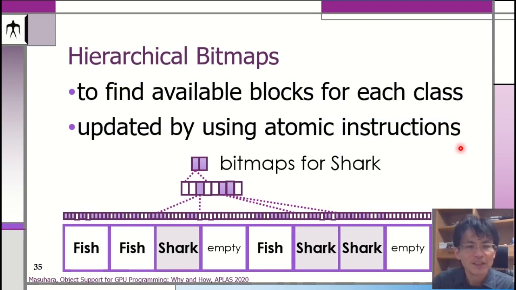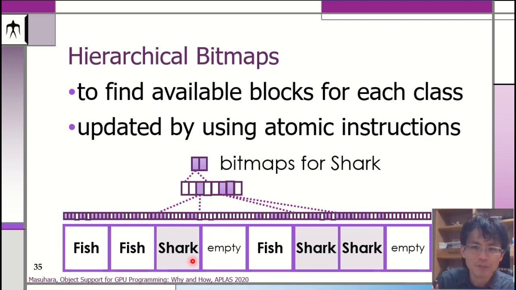And the next idea is hierarchical bitmaps. We manage those blocks by using bitmaps on a per class basis. For example, this is a bitmap of blocks for the shark class. That means if there's a flag in a bitmap, then this block is assigned to the shark class.